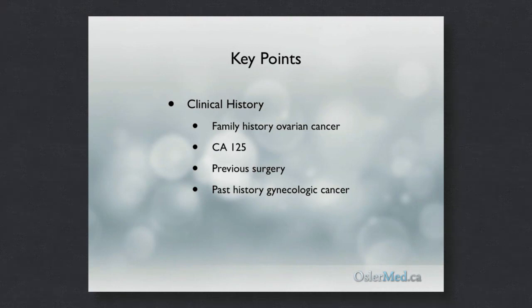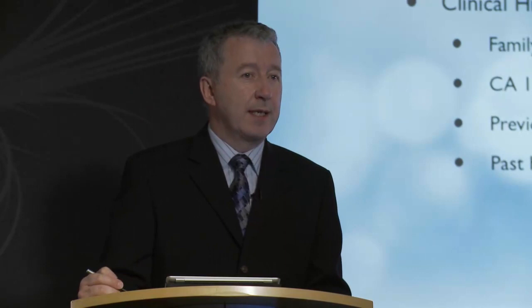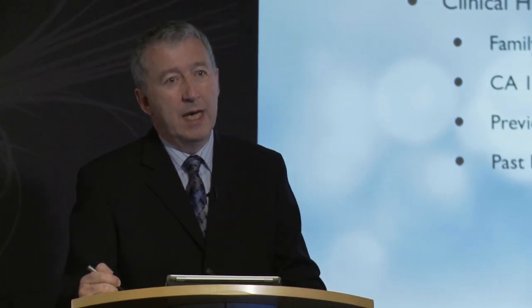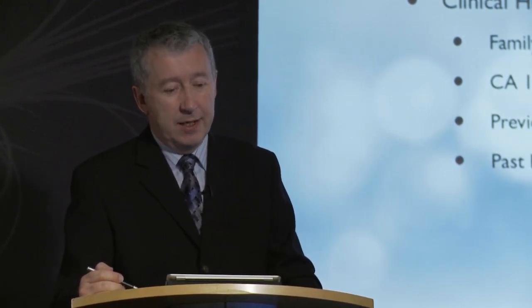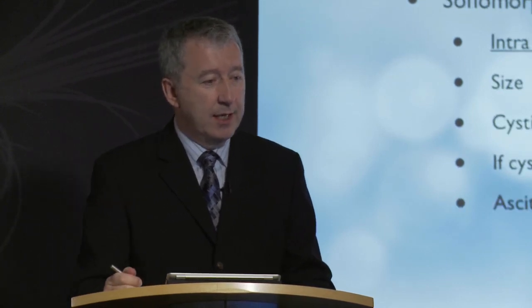Is there a history of previous surgery, or is there a history of past gynecologic cancer in the patient you're scanning? For example, a previous right oophorectomy for a low malignant potential tumor. One might interpret a complex cyst in the left ovary in that particular patient a little differently than in a patient from the general population.